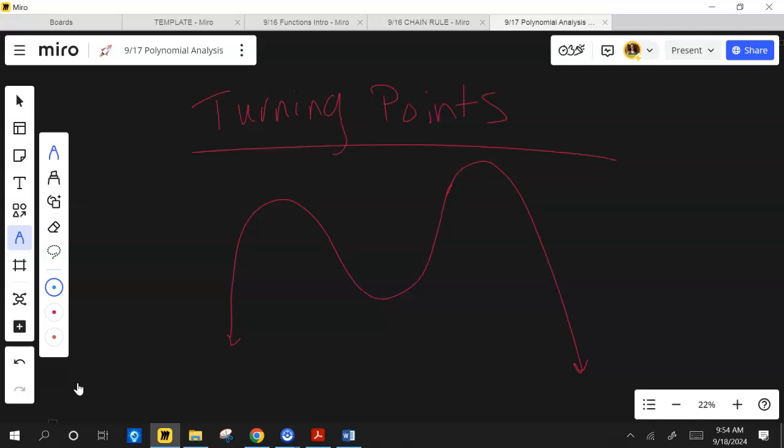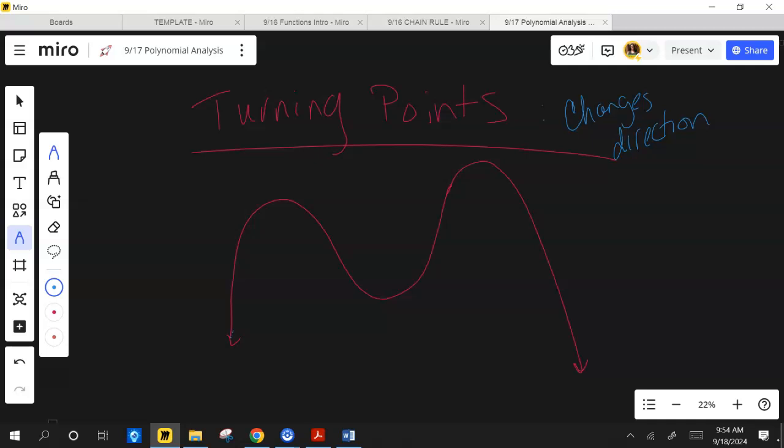All right, the first thing I want to talk about, turning points are places where the graph changes direction. Now, what do I mean by changing direction? As I move left to right, you read a graph the same way you read a book, right? Left to right. As I start here, I am either going to be increasing or decreasing.